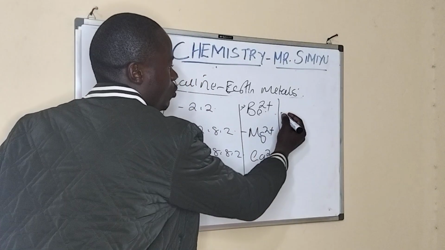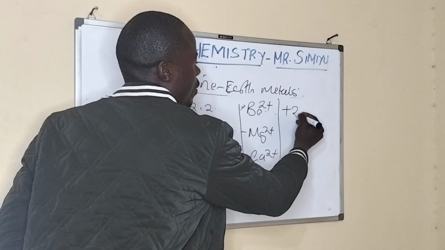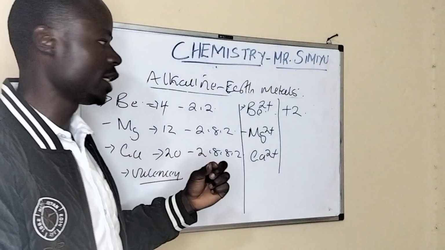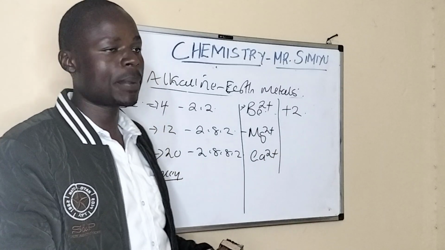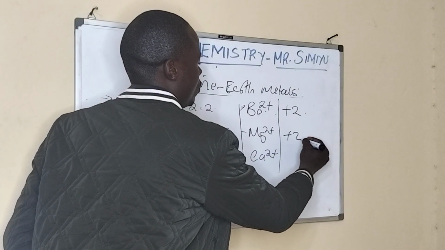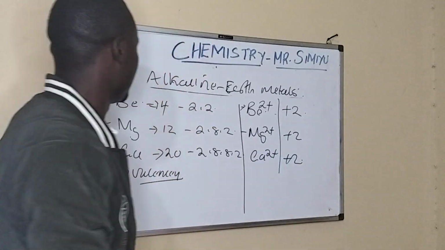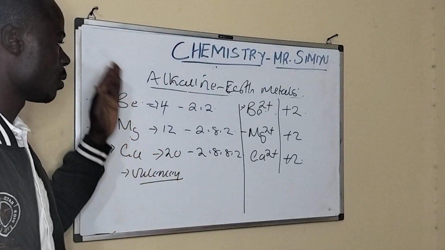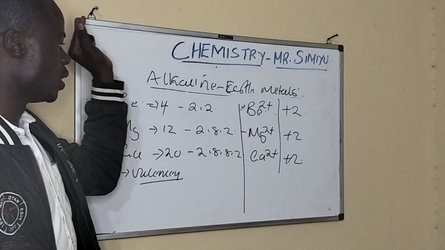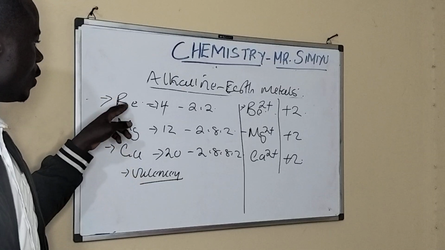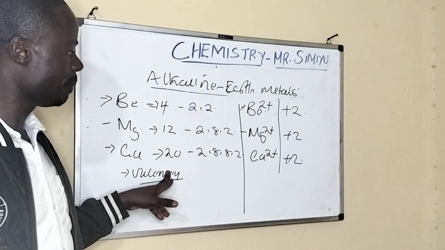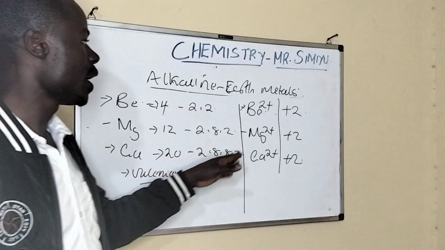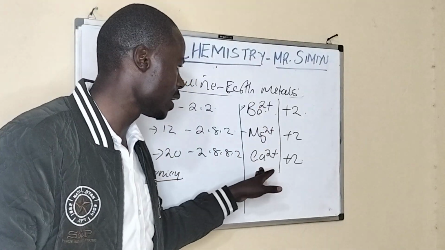When we assign an oxidation state, we give a plus or minus charge and then a number. We also have plus 2. So these are the elements according to the group, from top to bottom: beryllium, magnesium, calcium, atomic number, electron configuration, the charged ion. Then we have the oxidation number.